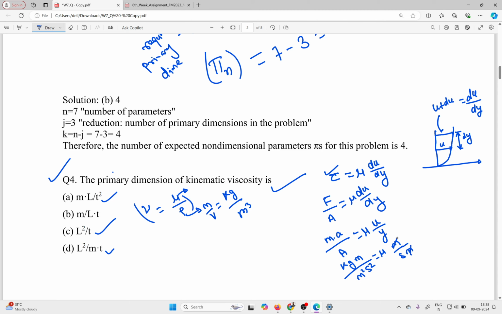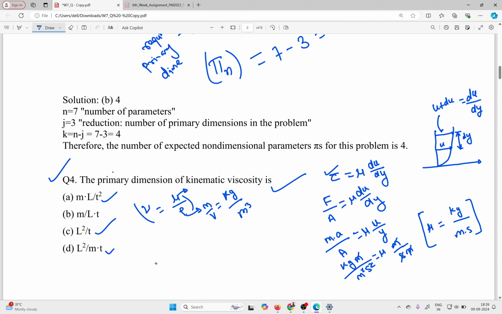So this meter will cancel out, this second will cancel out, and meter and meter will cancel out. So your mu is equal to kg divided by meter second. This is what remains.